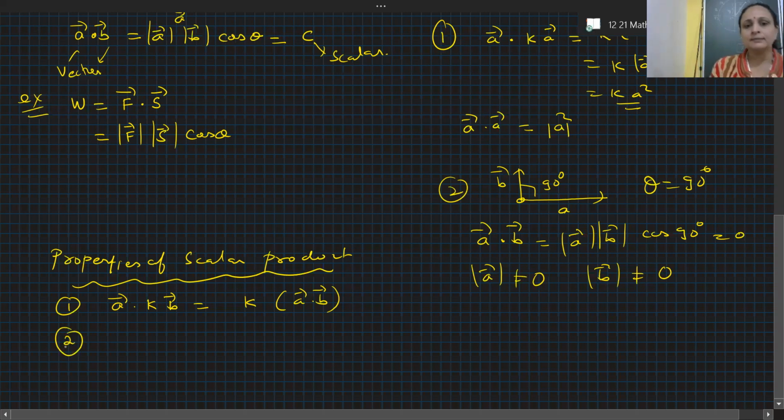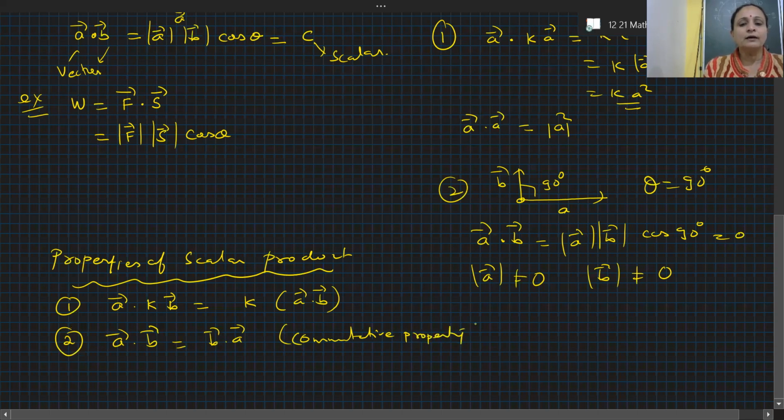Another is, suppose you have got A dot B, I can also write this as B dot A, and this is the commutative property.